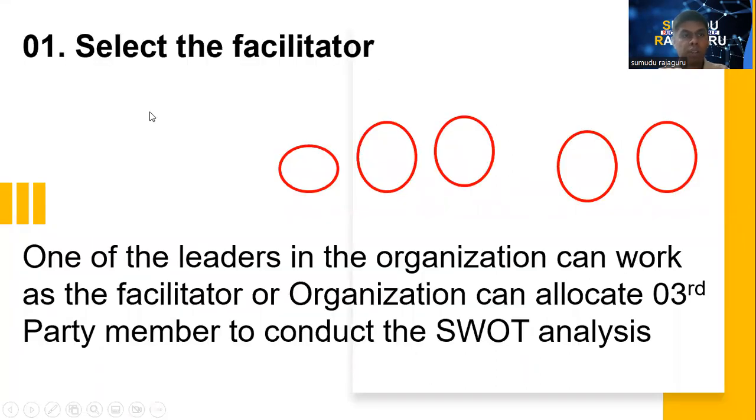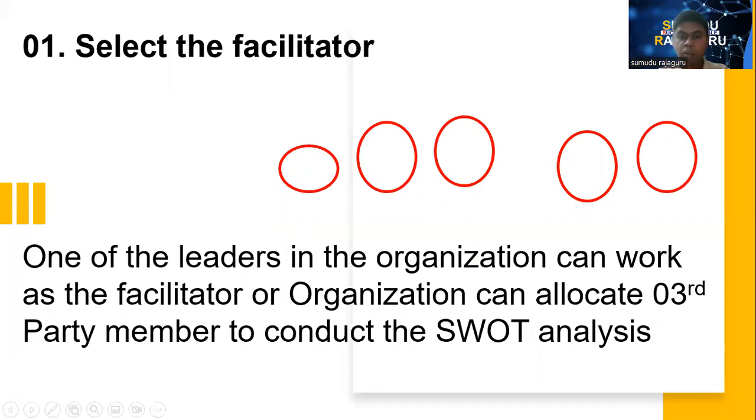Okay, we'll move to step number one, select the facilitator. One of the leaders in the organization can work as the facilitator, because that person knows all the factors, all the things regarding the organization.